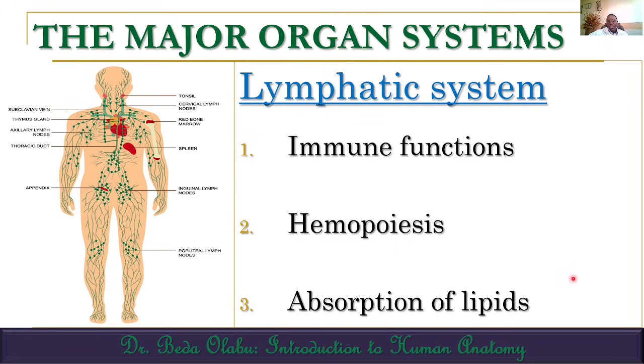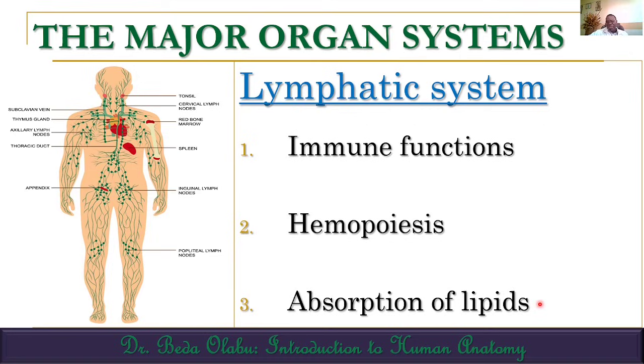And in the intestines, the lymphatic system is important in terms of absorption of fat. Fat from the intestine does not go into the bloodstream directly, but it enters into the lymphatic system. Then the lymphatic system will eventually transport it into the bloodstream at the appropriate site.